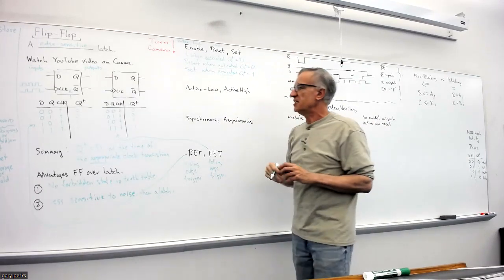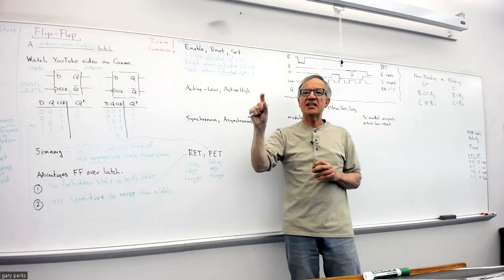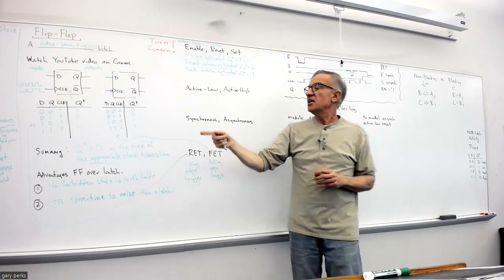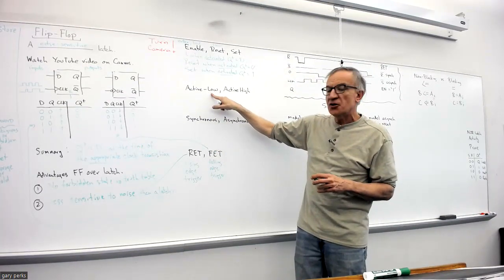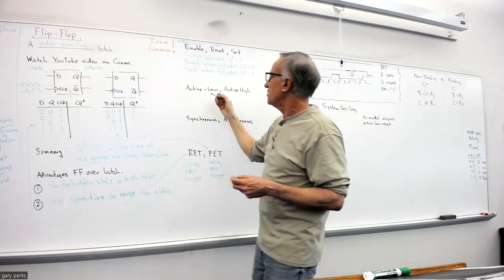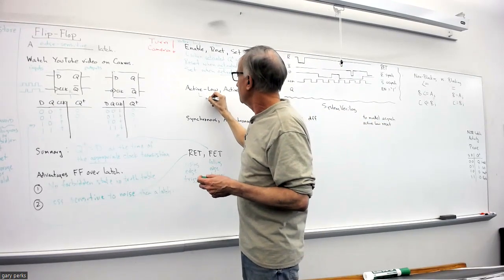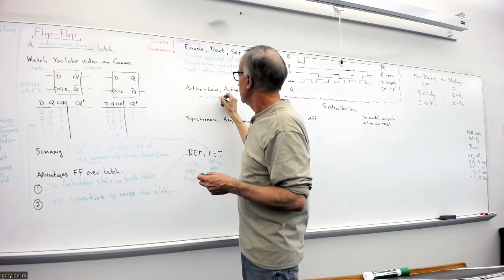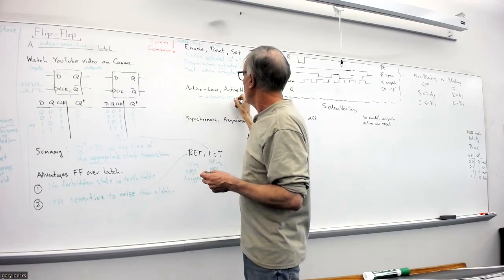Well, what's meant by activated is what you have to put on that input to make it happen. And there's active low inputs and active high. And active low, to activate the input, requires a 0.